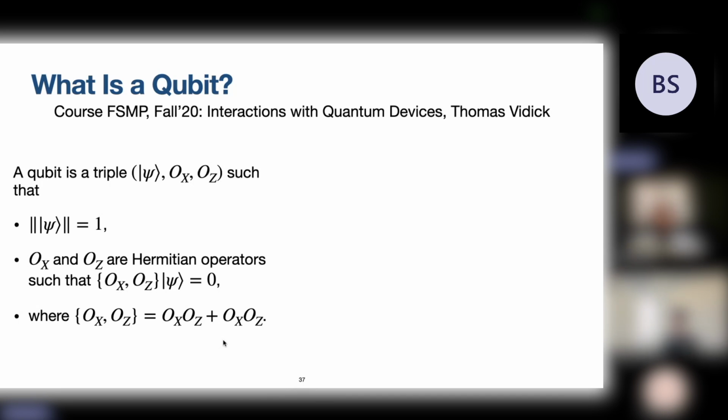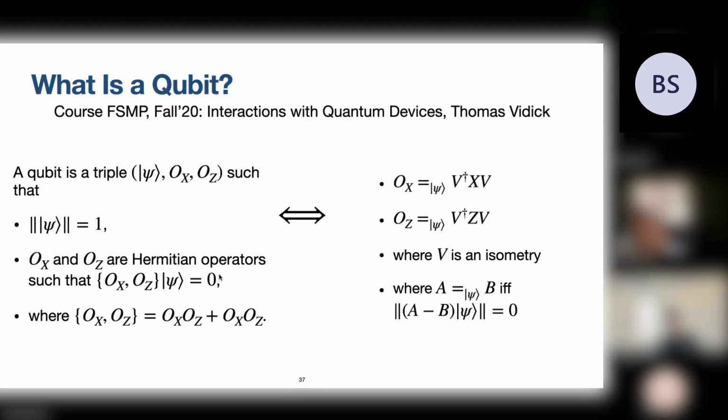They only need to be anti-commuting in the sense of the quantum state psi. The theorem says if you have anti-commuting operators on a state psi, the action of each operator is isometric to X measurement and Z measurement.